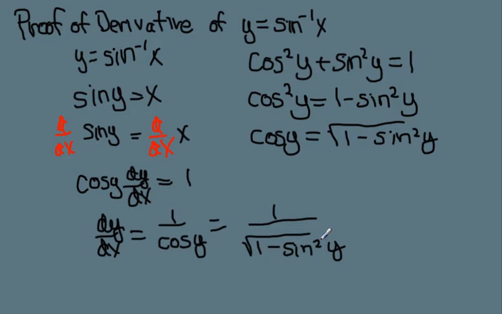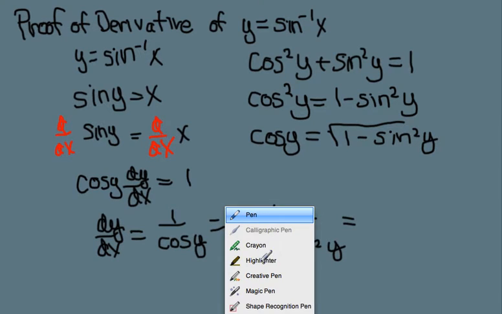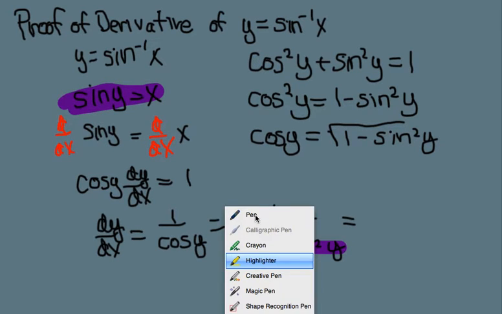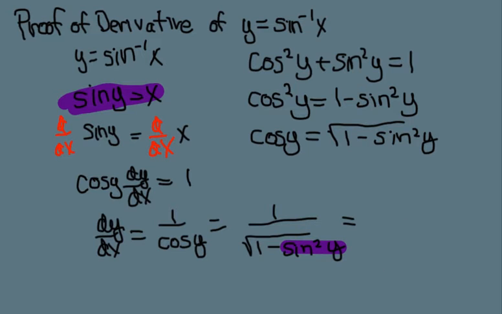Now we said back here that the sine of y was equal to x. So I'm going to resubstitute back in here, and this is then equal to 1 over the square root of 1 minus x squared.